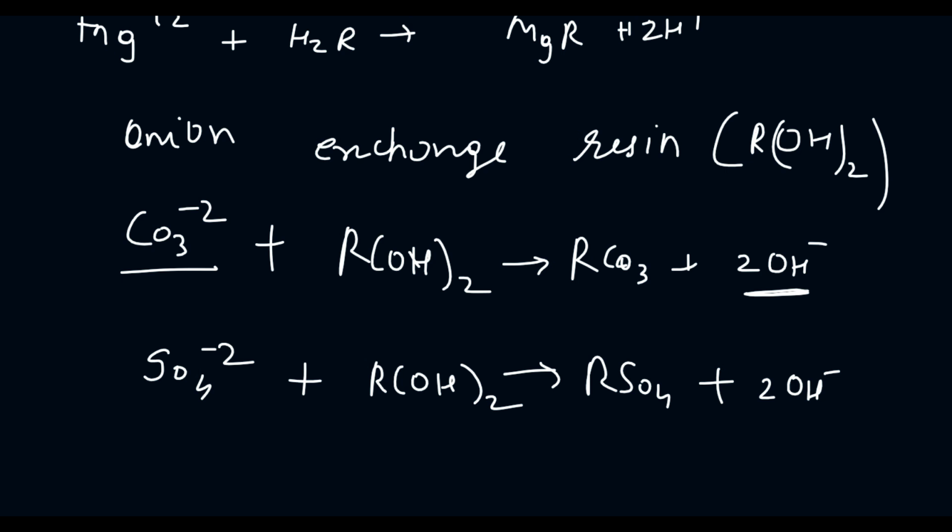Here SO4 minus 2 ions are absorbed by the anion exchange resin and a similar amount of negatively charged OH is released. The H+ ion and OH minus ion released from the cation and anion exchangers combine to produce water, that is H2O.